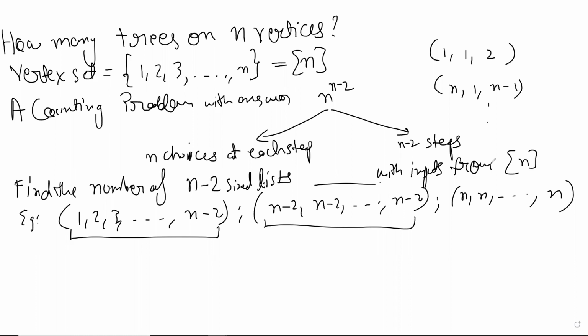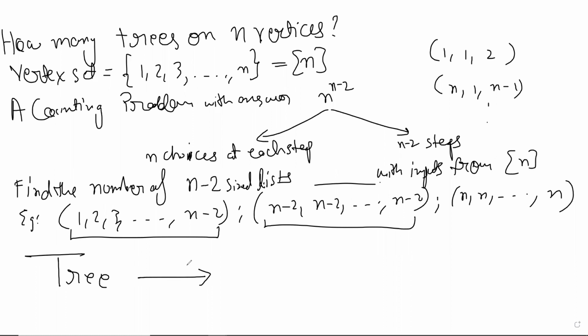So what we want to show is that the number of trees is also the same. So what we will do is we will take a tree. We'll take some examples right now.